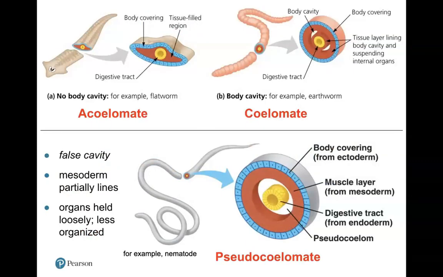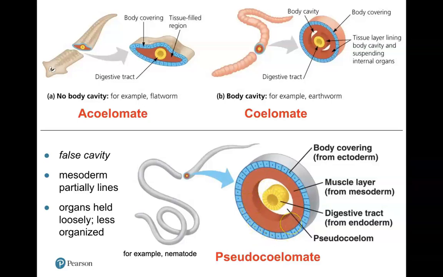A pseudocoelomate has false body cavities. So pseudo for false, coelomate telling me the body cavity, the coelom. False cavities are shown in this guy. A nematode is an example for that. So again, outer layer, middle mesoderm area, and then the digestive tract, the endoderm, colored in yellow. There is no body cavity embedded in the mesoderm in a pseudocoelomate.